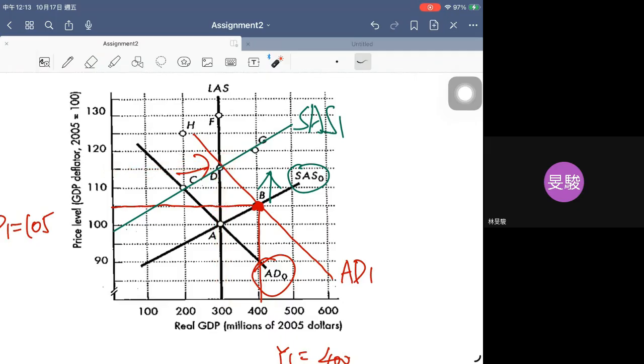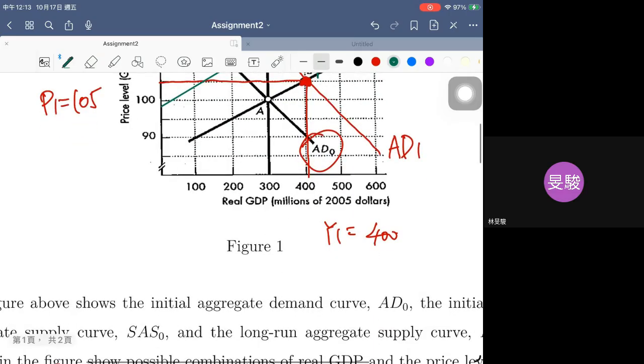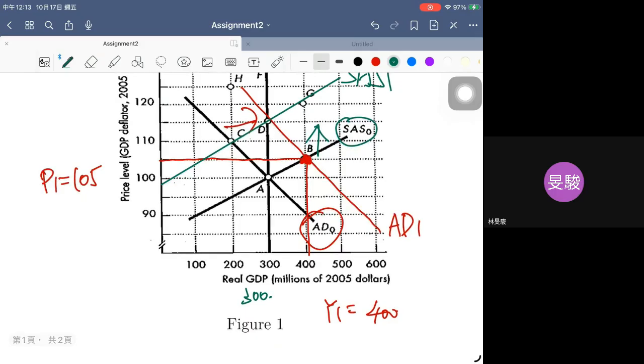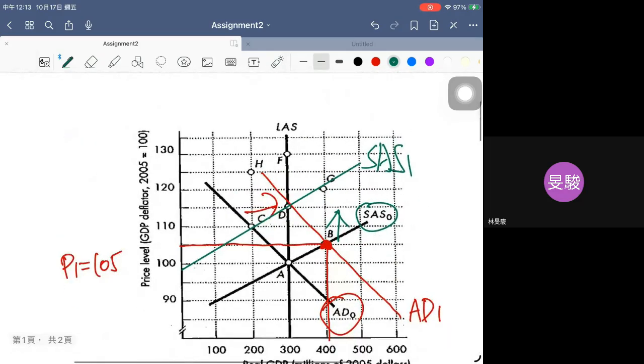The long run GDP does not change, just as the initial point, 300. But its price level, compared to the initial equilibrium, goes upward from 100 to 115.